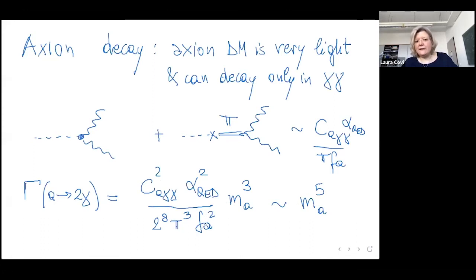Then the mass and F_a are two independent parameters, and you just have to plug them in here to get a lifetime. Usually also in that case, you can put a constraint on your parameter space, and we will see it in the figure I will show you later on. But generically, if you are at low masses, you don't have to worry about this very much, since you usually have very, very long lifetimes.